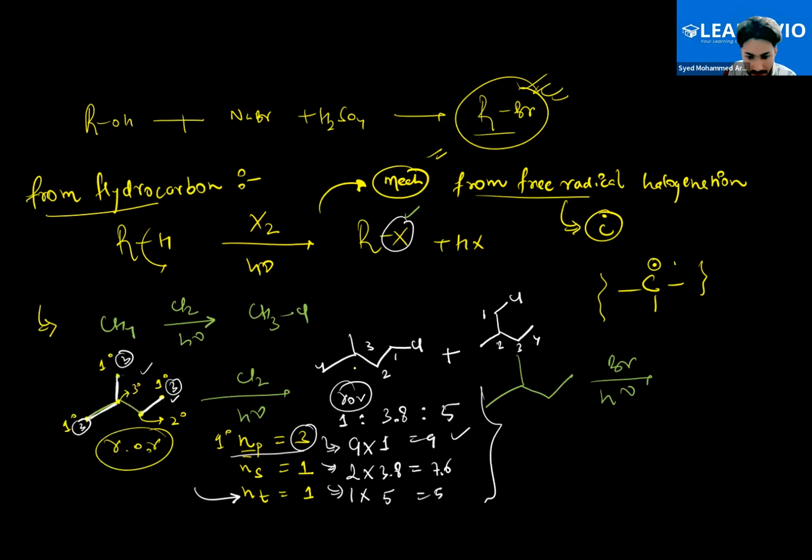If you see that, my methyl is attached at the third position here. And in this one, my methyl is attached at the second position. So these two are different compounds. Mark my words, because the positions of the substituents are different, that's why it is my isomer.